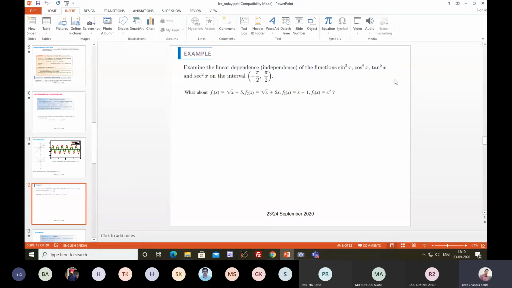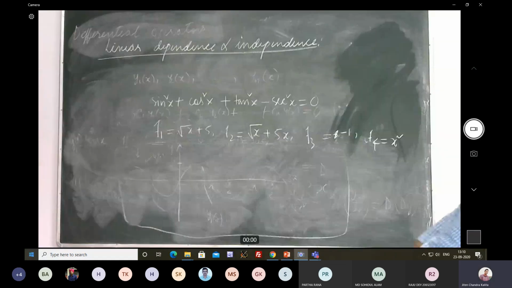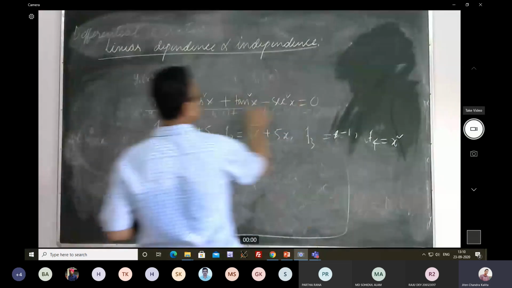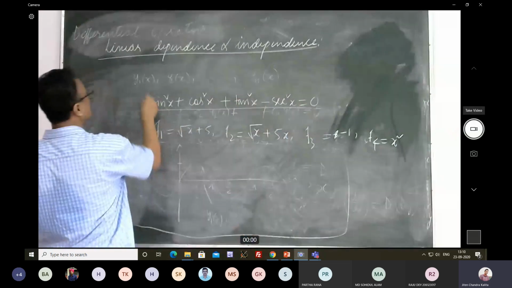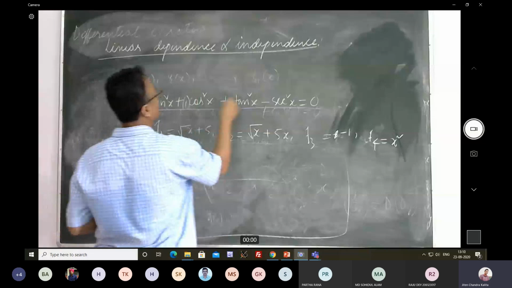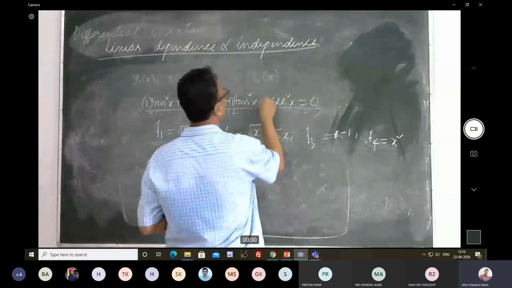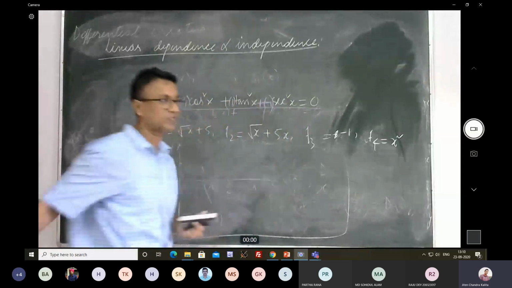Fine. Just let me write something down. See here, coefficient 1, coefficient 1, coefficient 1, and coefficient minus 1.